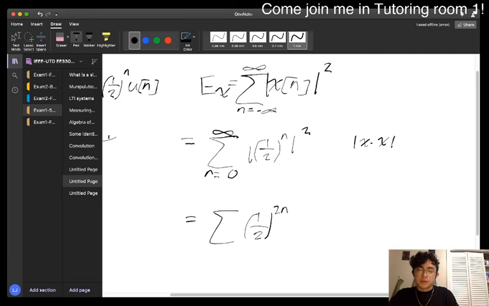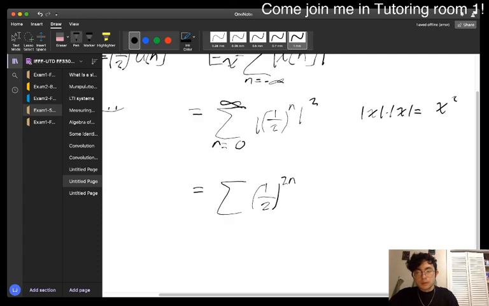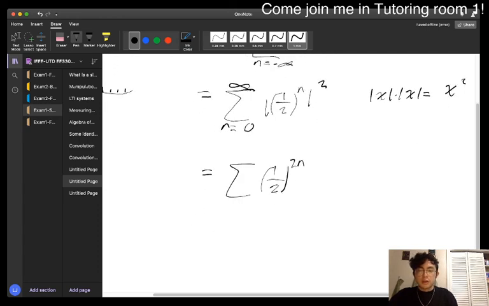Wait, hold on. So the product of absolute values is equal to the absolute square of x.